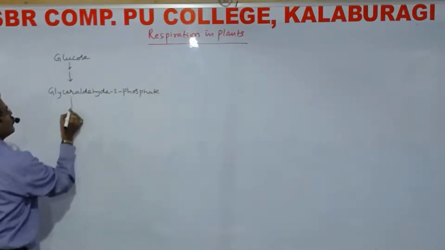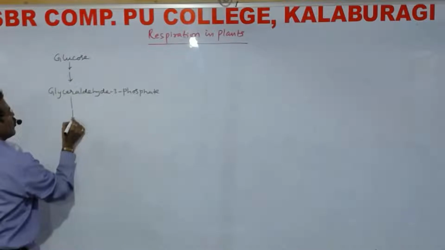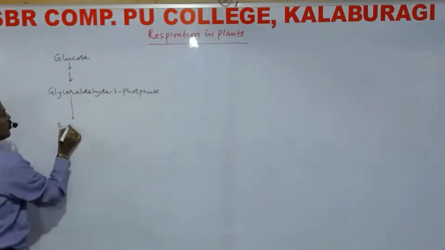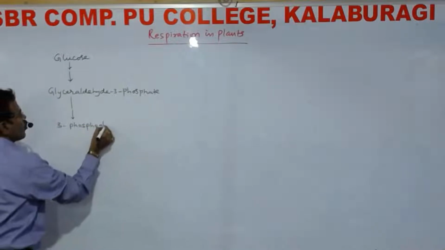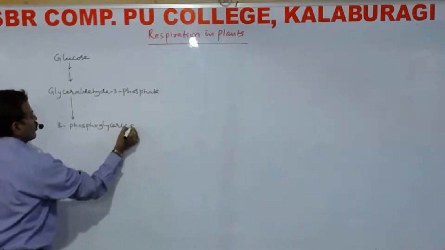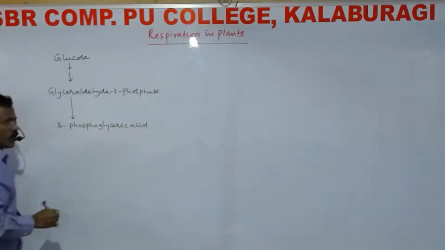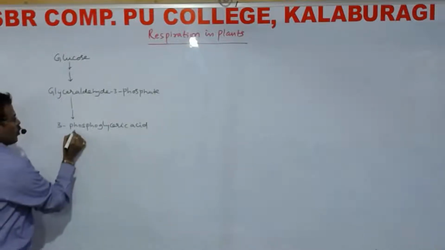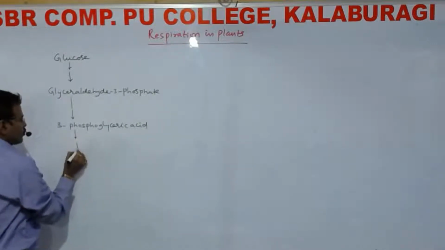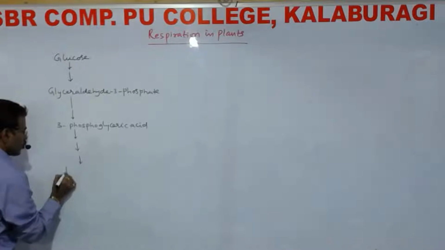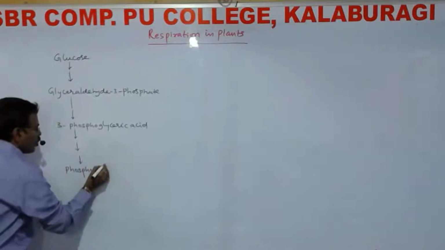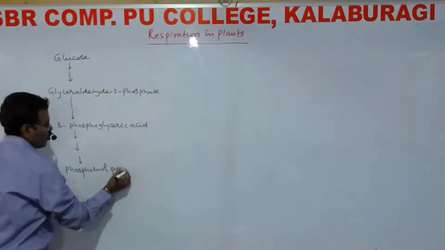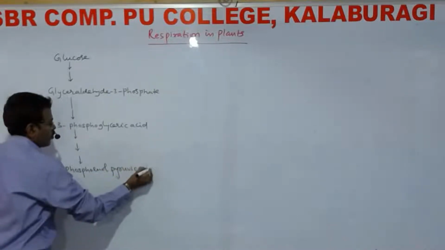Then we have 3-phosphoglyceric acid. 3-phosphoglyceric acid to phosphoenol pyruvic acid.